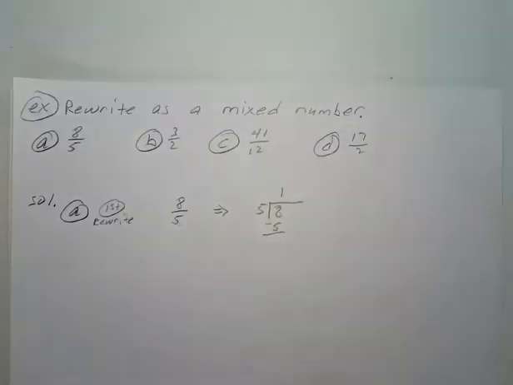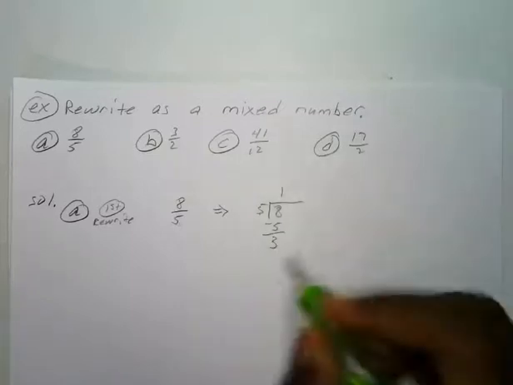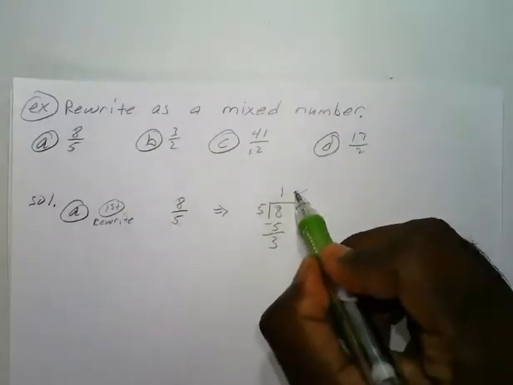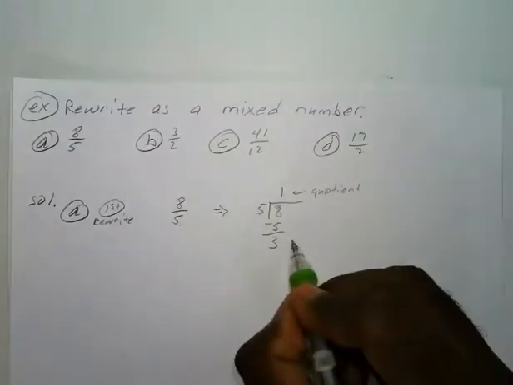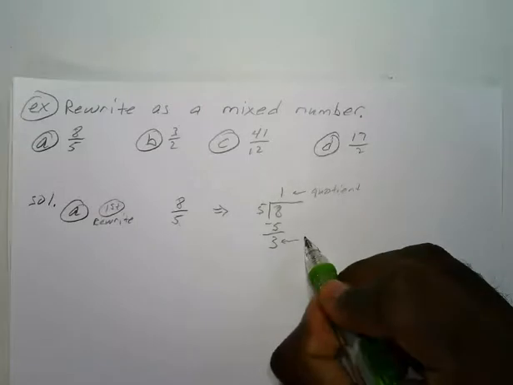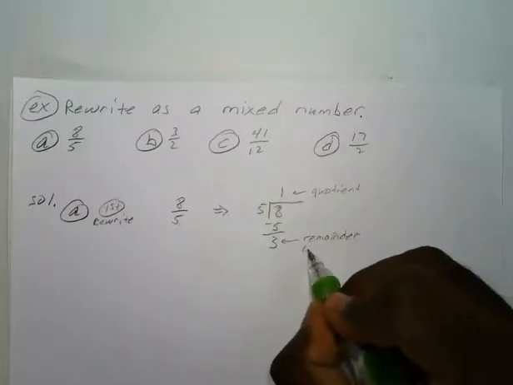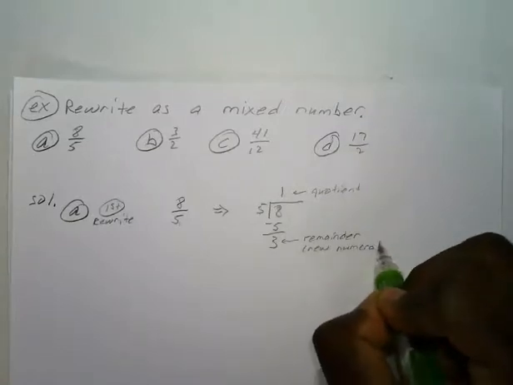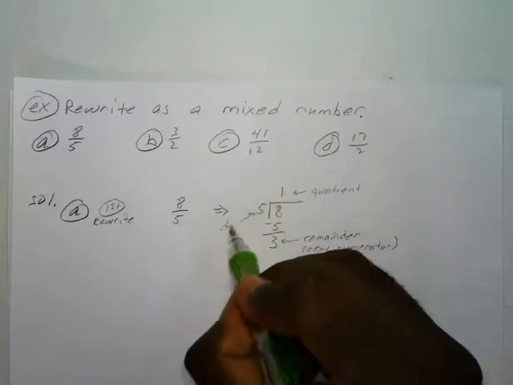Then we subtract. 8 minus 5 gives us 3. We know here that's our quotient. That's our remainder, which becomes our new numerator. And our denominator stays the same.